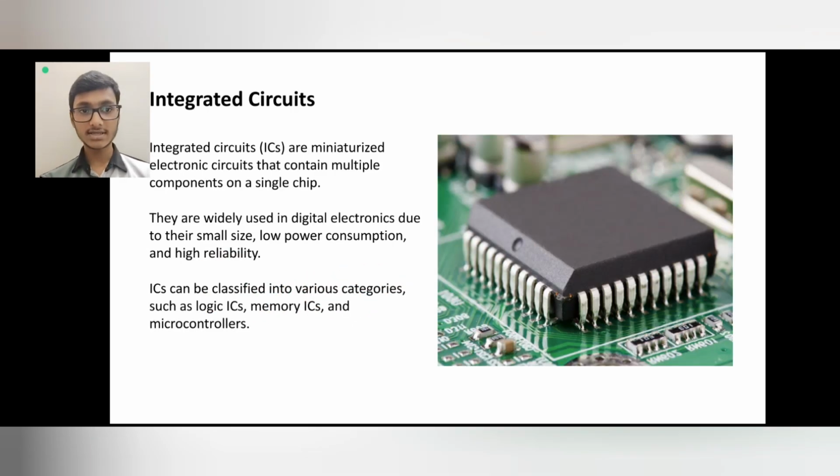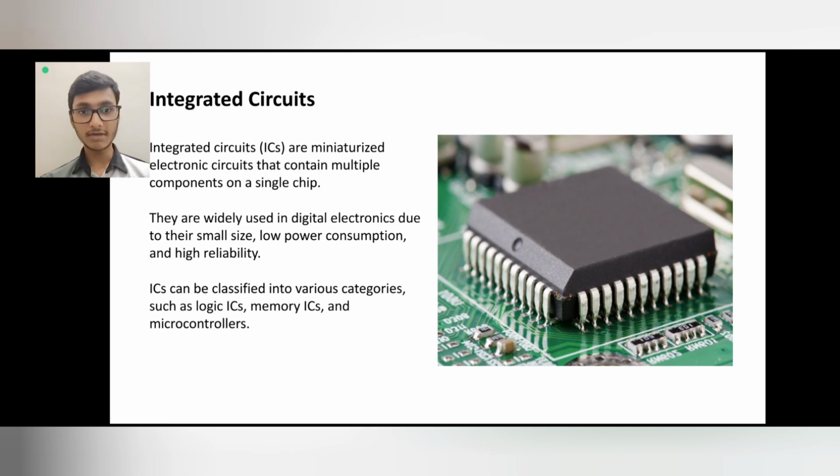So let us see ICs. What are ICs? ICs are miniaturized electronic circuits that contain multiple components on a single chip. AND gate, NOT gate and OR gate can be represented in the form of ICs. The IC of NOT gate is IC 7404, for AND gate it is IC 7408, and for OR gate it is IC 7432.